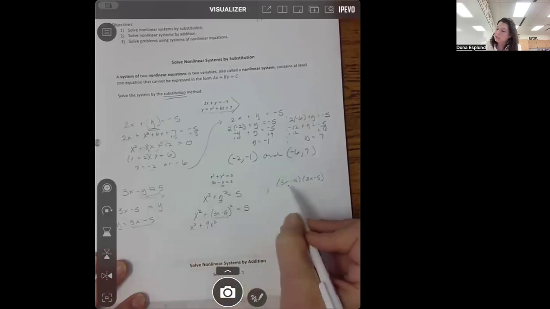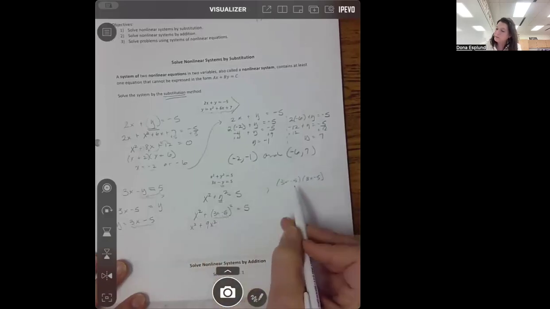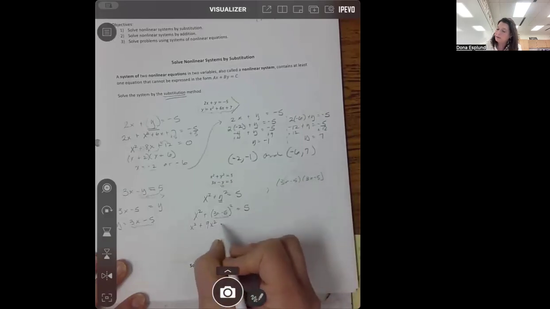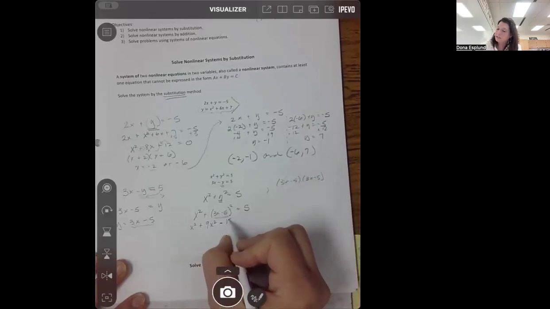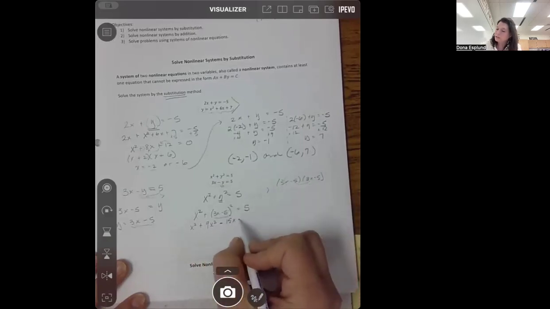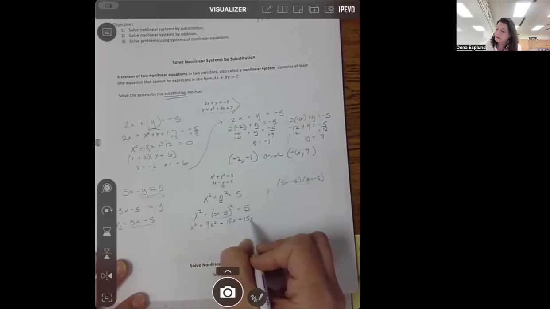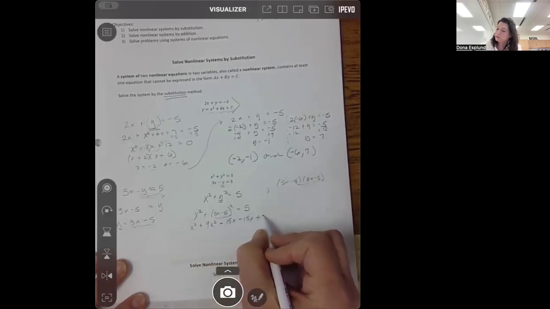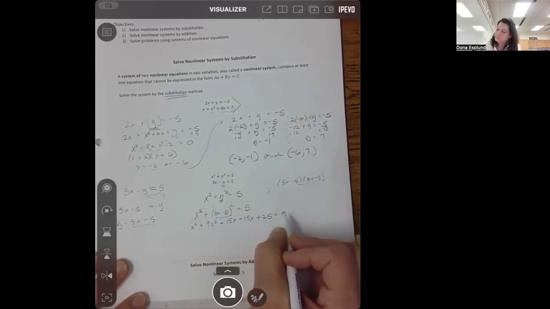Then I'm going to end up with 3x times -5, which gives me minus 15x. But then I'm also going to have -5 times 3x, which is -15x again. And then my last term, -5 times -5, so plus 25 is equal to 5.